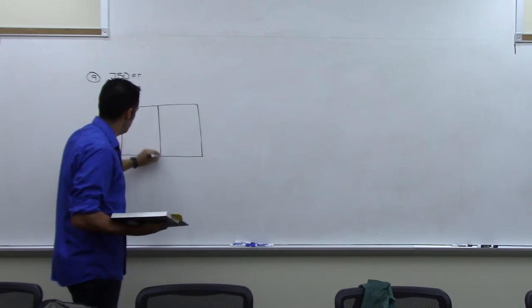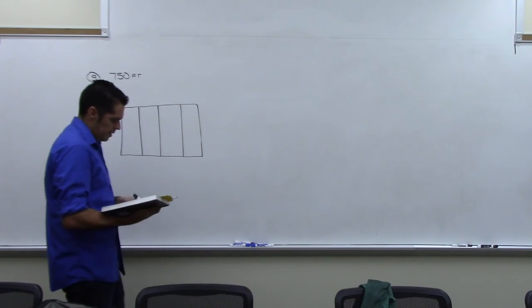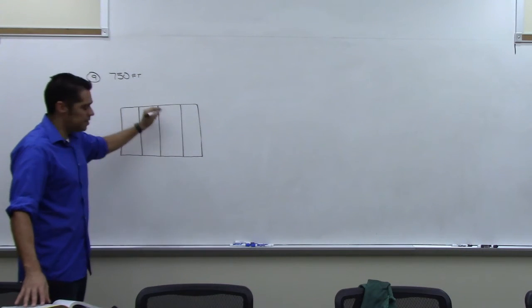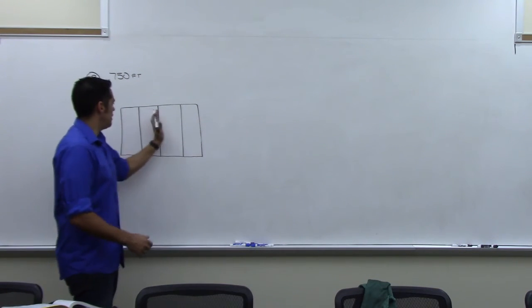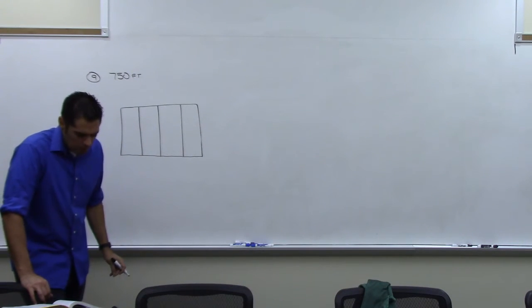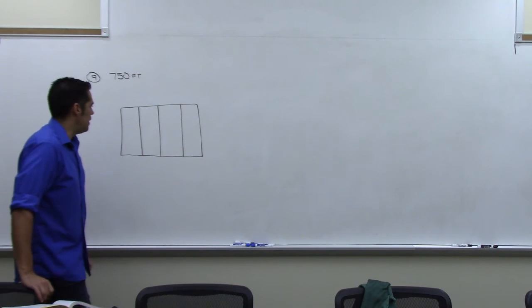So imagine cutting this into 4 equal pens. He's got to use fence for all these sides. The sides are parallel, that's what he was saying. What is the largest possible total area of the 4 pens?